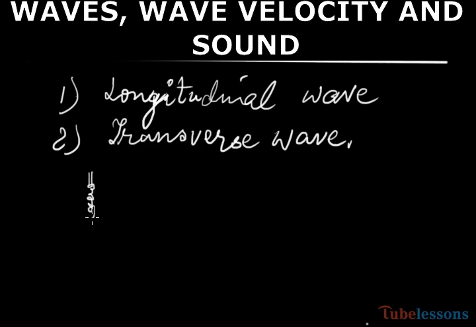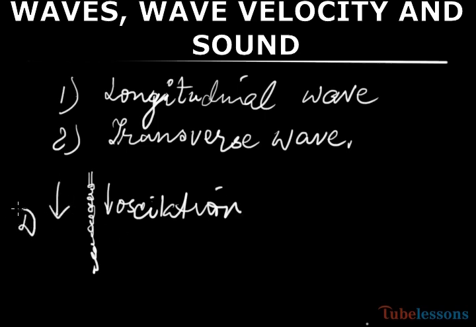During elongation of the spring, this is the oscillation, and this is the direction of the wave. That is, oscillation takes place parallel to the direction of the wave, and this is called a longitudinal wave.